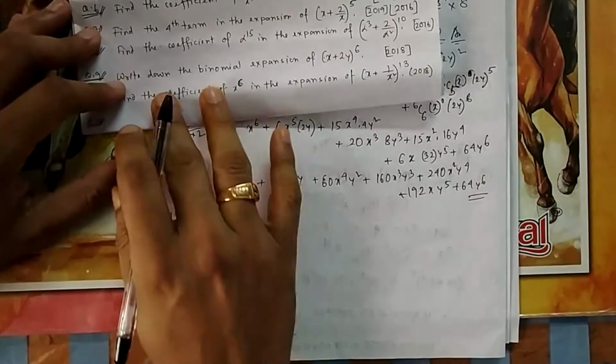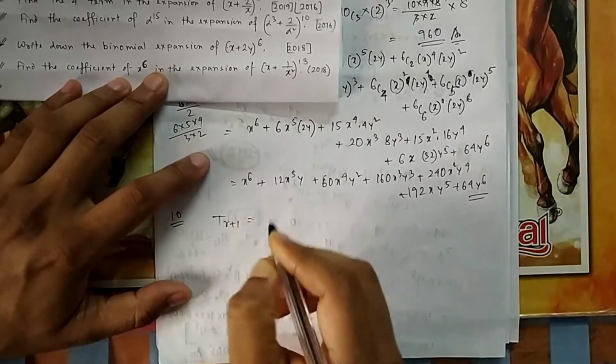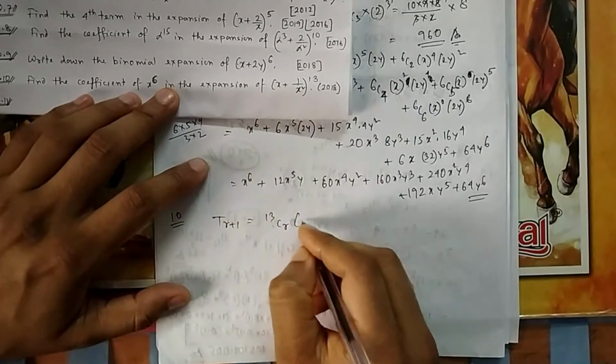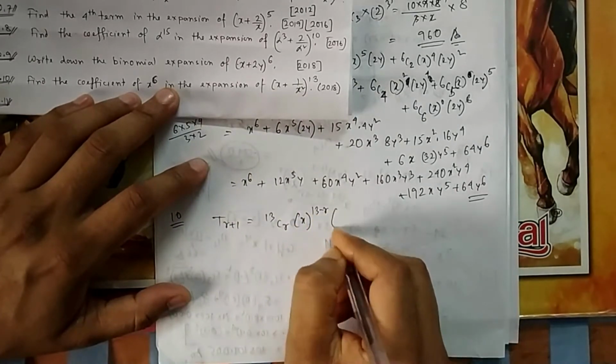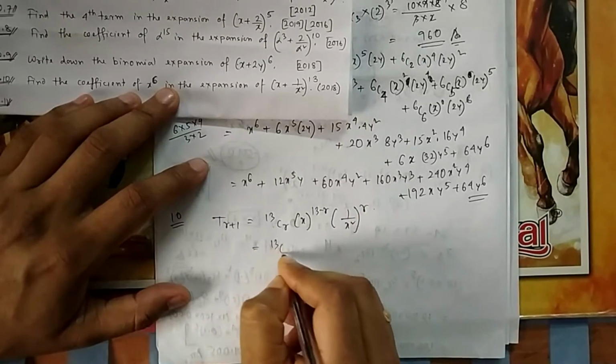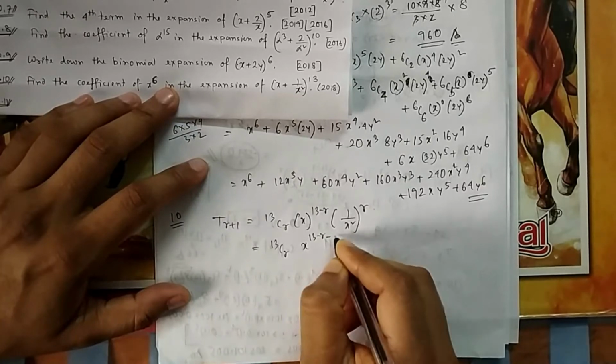So it is question 10. To find the coefficient of x to the power 6. Again the same type of question, again I am repeating. So 13Cr, because there is no minus, no need to write minus, and then it is 1 by x square to the power r. So if you look at it, what is the power of x? This is 13 minus r, then minus 2r will also come.